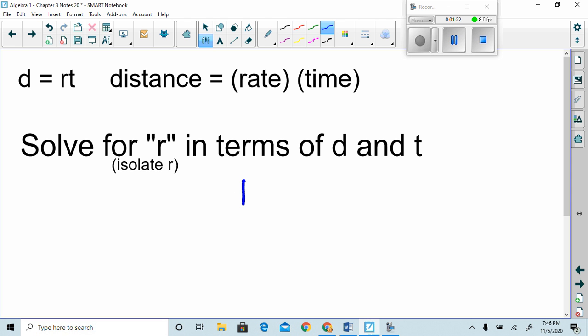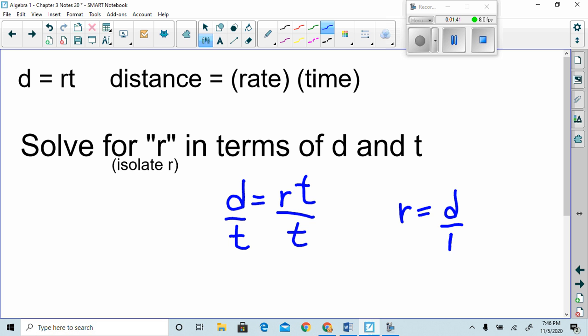I'll take my formula, distance equals rate times time. If I'm solving for r, I need to isolate it with one inverse operation. The inverse of multiplication is division. That will cancel things out on the right, and I'm left with r is equal to the distance divided by the time.